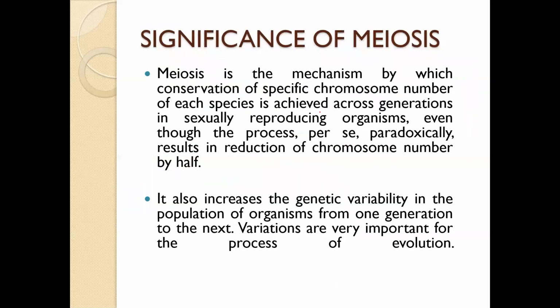So what is the significance of meiosis? We need to understand its significance. Meiosis is the mechanism by which conservation of the specific chromosome number of each species is achieved across generations in sexually reproducing organisms, even though the process paradoxically results in the reduction of chromosome number by half.